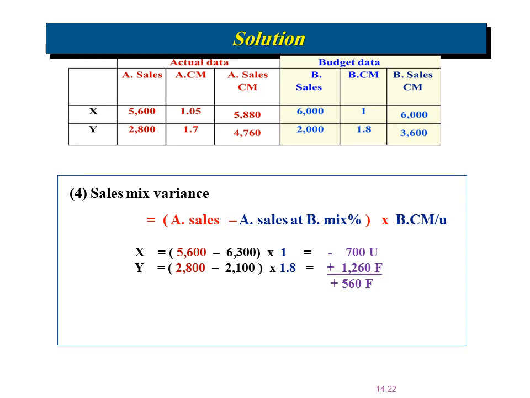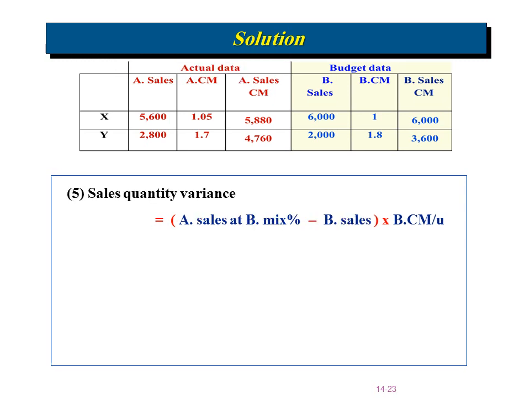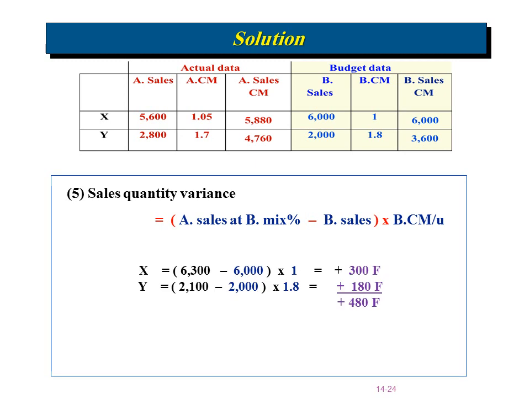Variance number 5, quantity variance. Here I will use the difference between 2 and 3. I mean actual sales at budget mix percentage minus budget sales, and I will use the same budgeted contribution margin per unit. I already calculated these amounts.